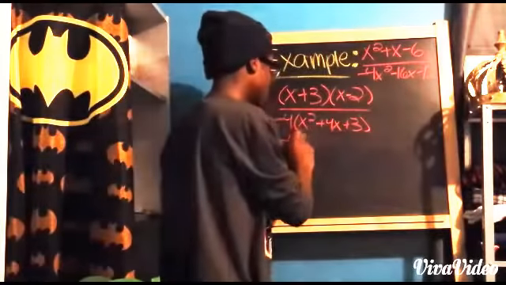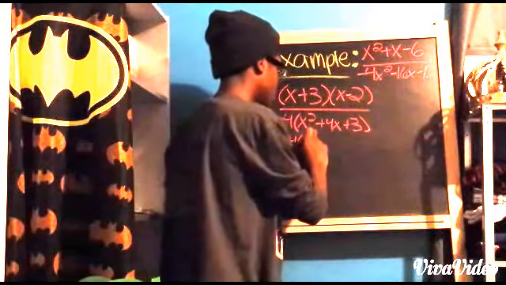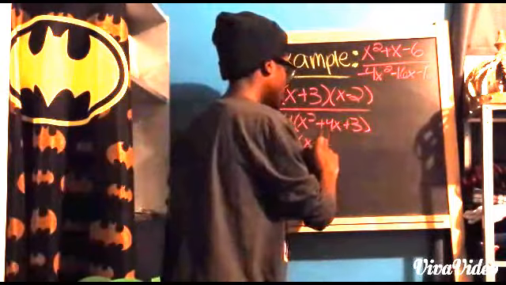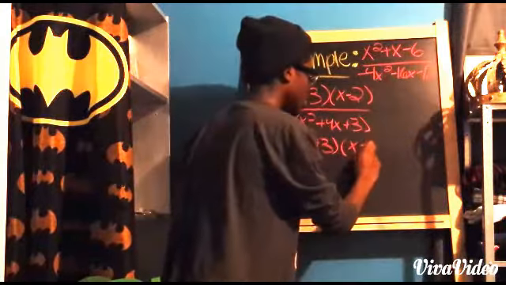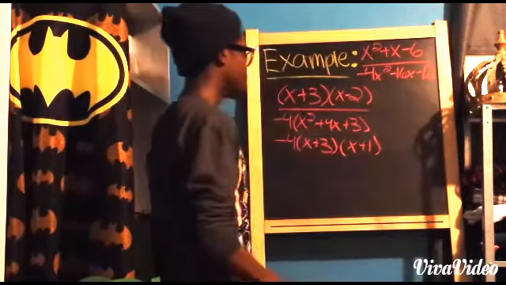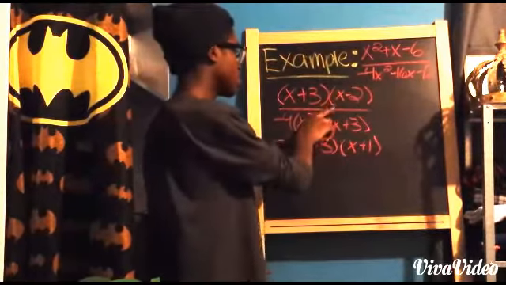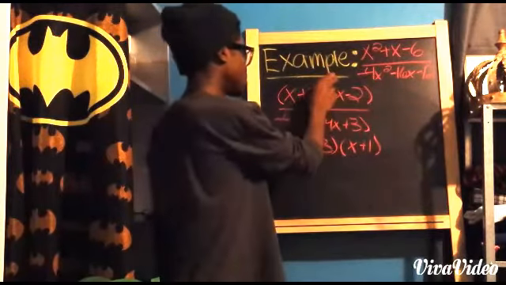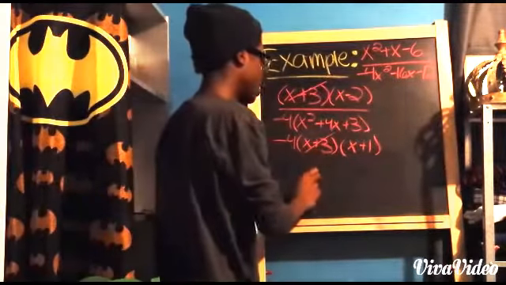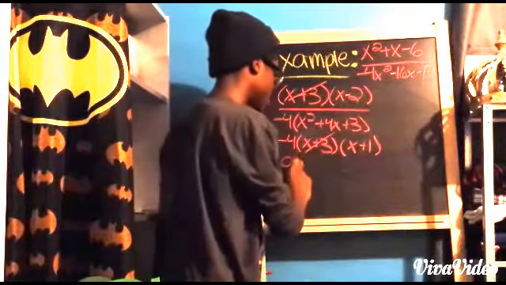So it's negative 4 on the outside, and you have x plus 3 and x plus 1. Now when you look in the numerator and denominator, you'll notice that there's x plus 3 in both of them. So these two would cancel out, and there will be an open circle at that point.